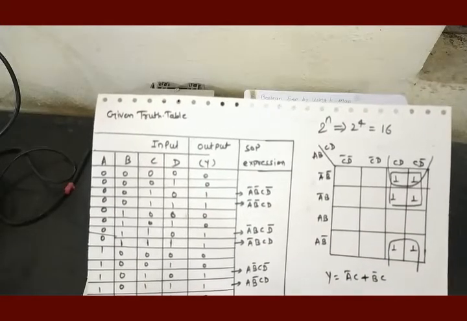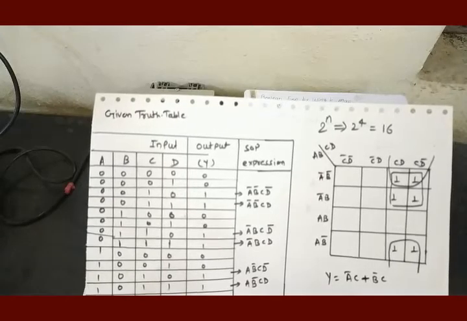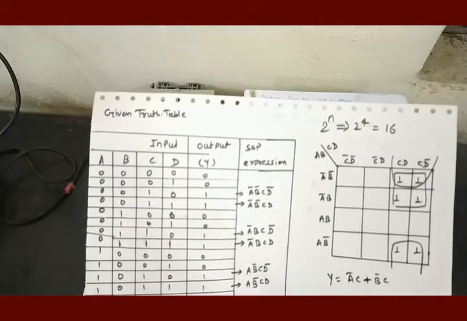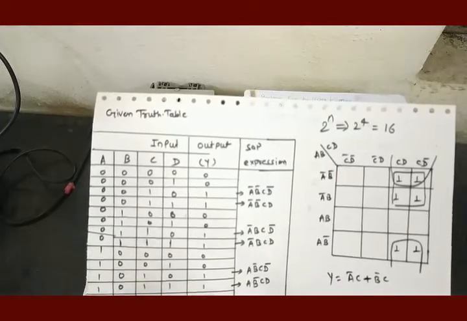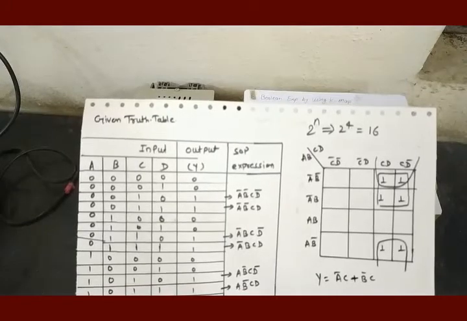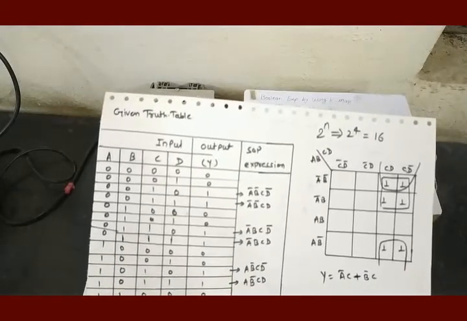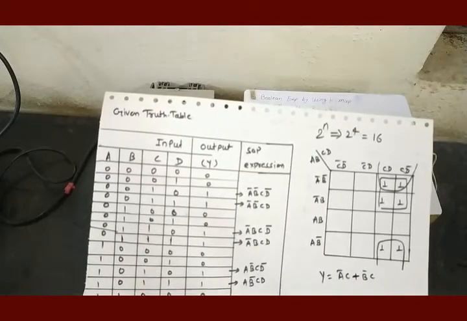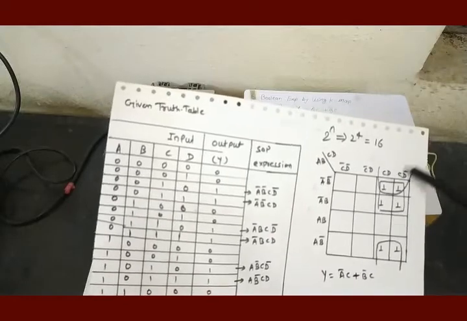You are allowed to roll the map. You are also allowed to overlap the groups. But if there is more overlapping, there will be a redundant group of fundamental product.